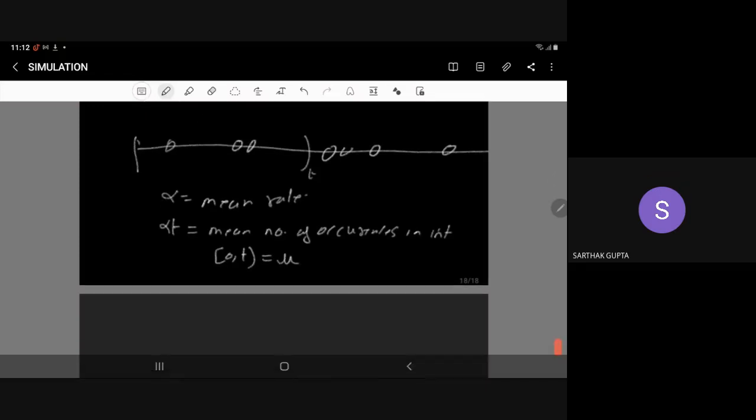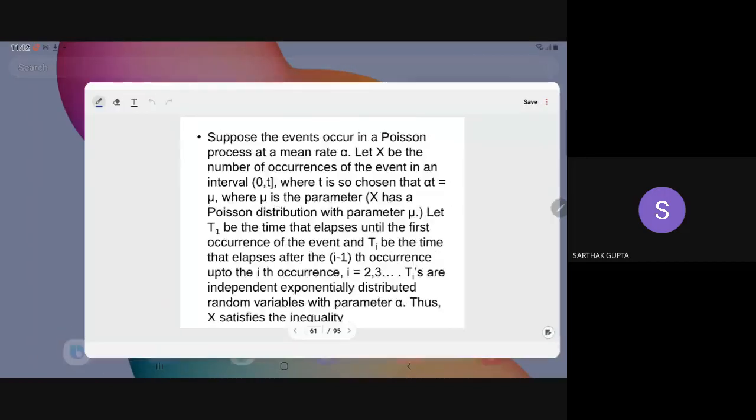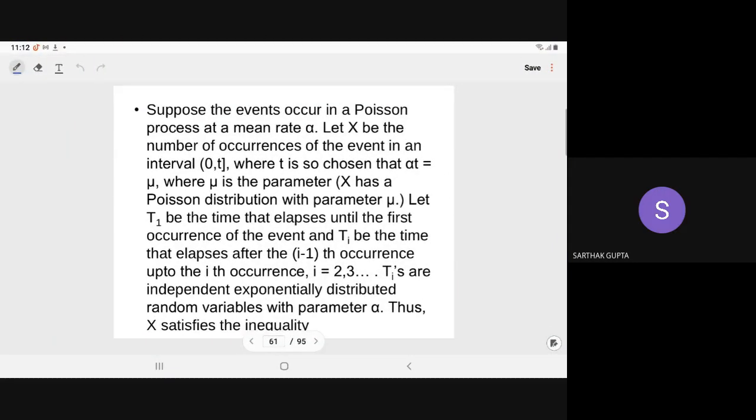So t is so chosen that alpha t is equal to mu, where mu is the parameter. So x has the Poisson distribution with parameter mu.